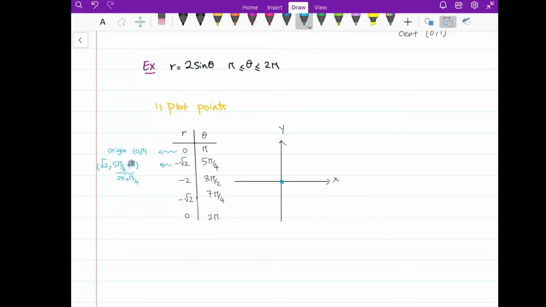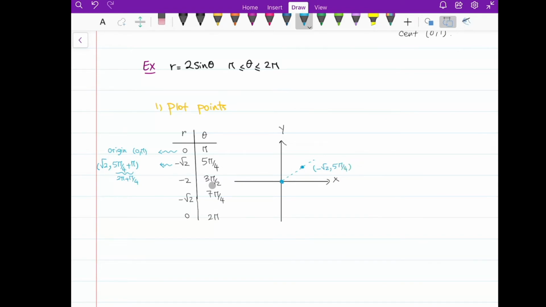Basically, we just flip the points to the opposite side of the origin. So we are in here. This is 2 pi plus pi over 4. We are somewhere in here. So this is the point negative root 2 and 5 pi over 4.